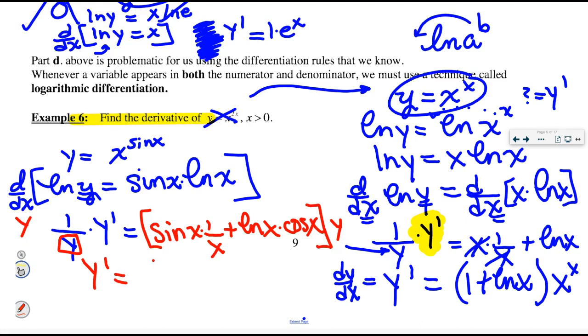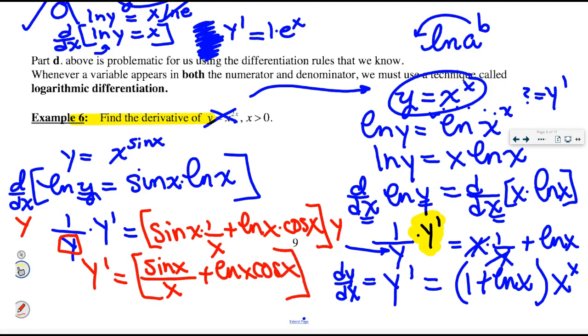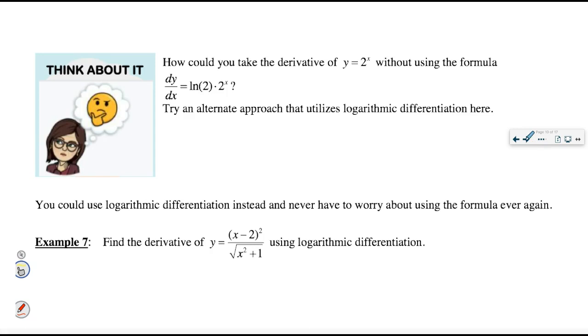It equals sine x over x plus ln x cosine x, all of it times y. But this problem has to be in terms of x. y was x to the sine of x. What do you think about that? It's not particularly difficult, right? So let's go to the next page.